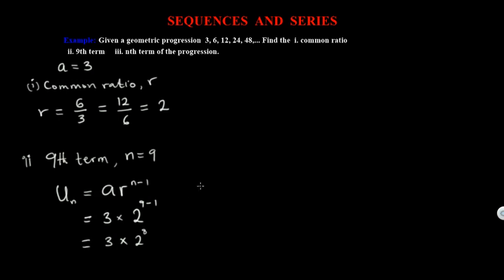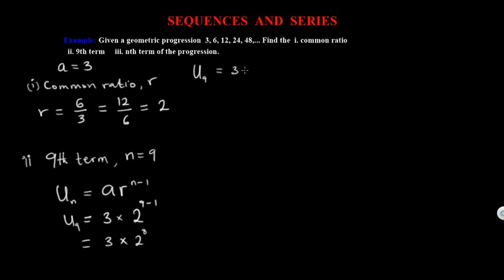So if we can get that on our own, then the ninth term, which is u of 9, is equal to, when you have 2 raised to the power of 8, what would that give us? Okay, 256, right?